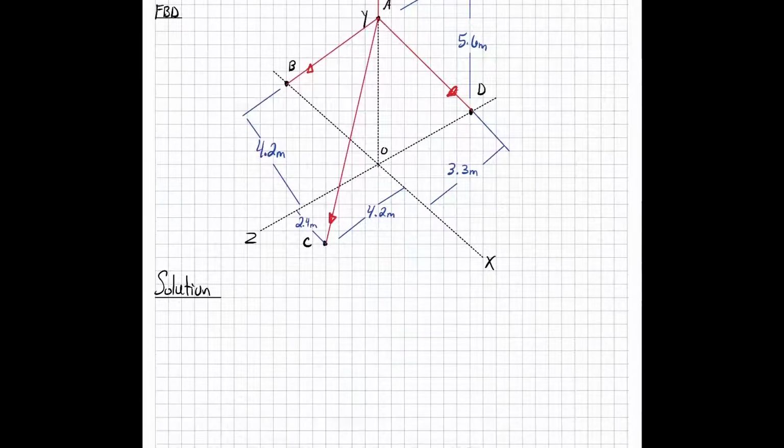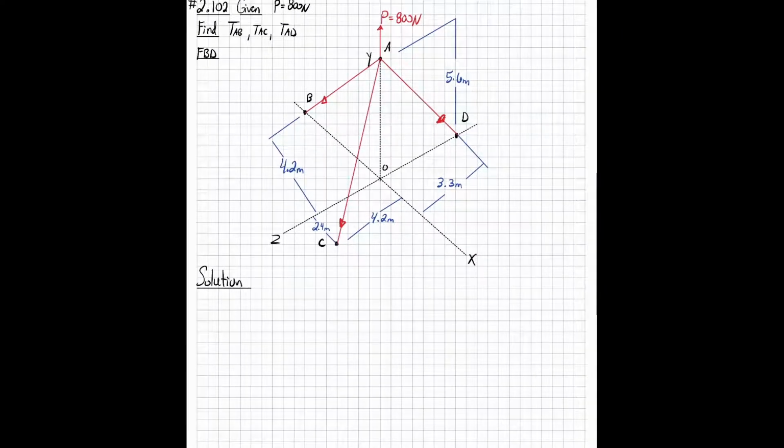Okay, so first thing to do is we're going to evaluate each cable independently. So we're going to look at tension AB first. We're going to look at it dimensionally and see what it does. If we're looking at tension AB, so A to B, we look at what it's doing in the x direction, or i direction.